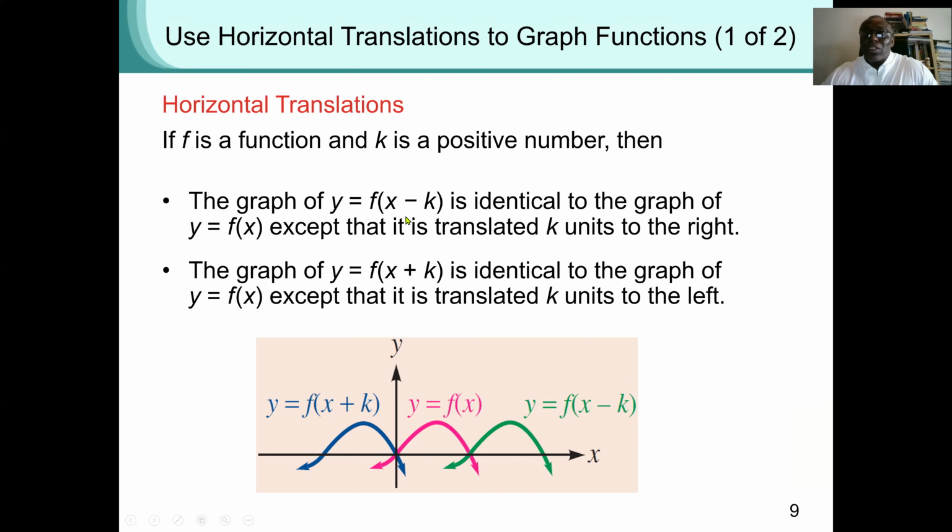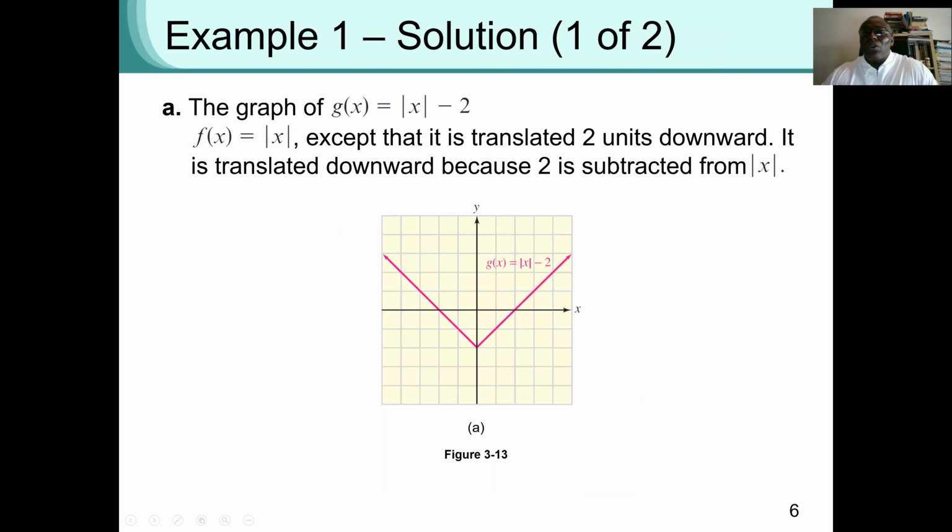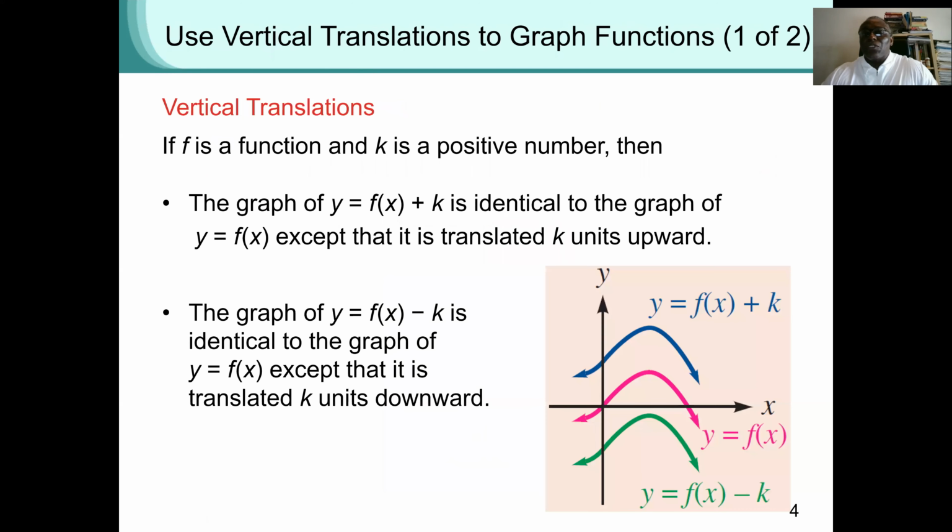Now, in our previous example, we have g at x equal to the function minus k. Now, the minus 2 is outside. Let's see the definition. If I have f at x plus k, this time the plus k is outside, f at x in the bracket, so in this case it's going to translate vertically upward.